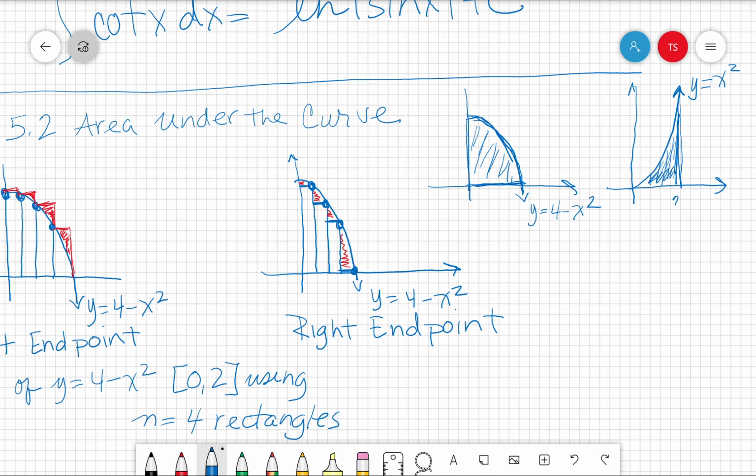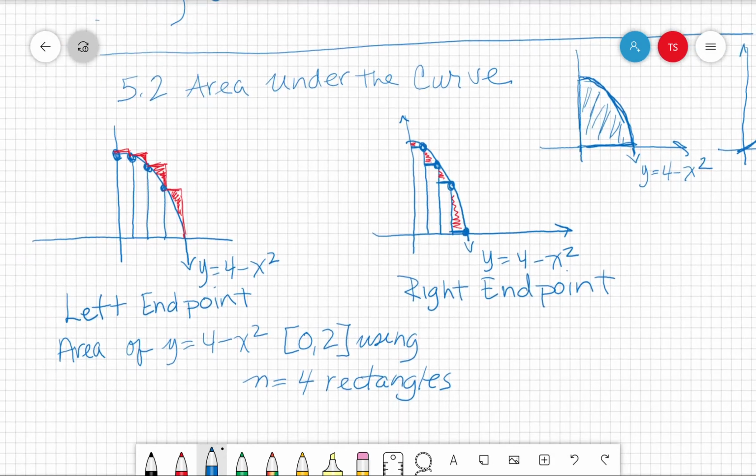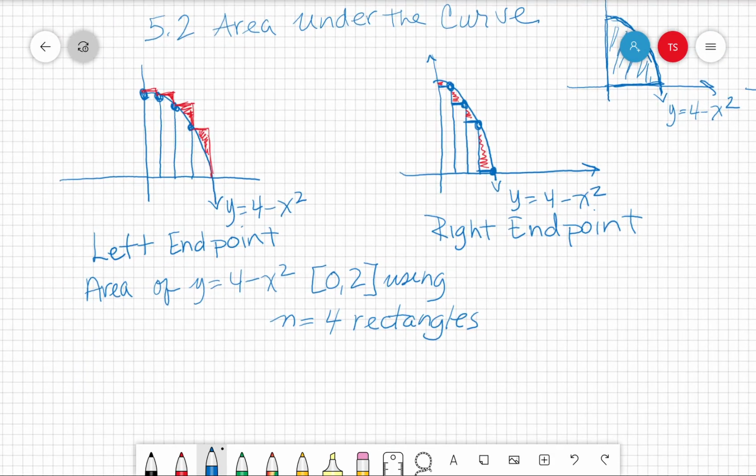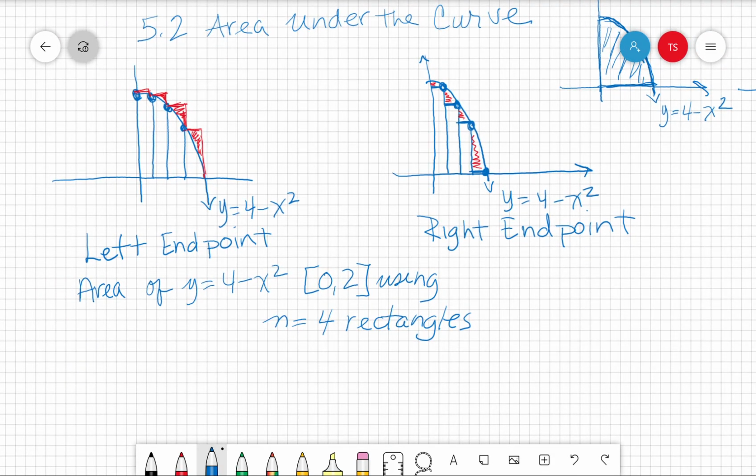For a graph like y is equal to x squared, that area is the area between your graph and the x-axis. So it is the area under the curve. Typically, the geometric interpretation of this is that we're going to divide that area into rectangles.